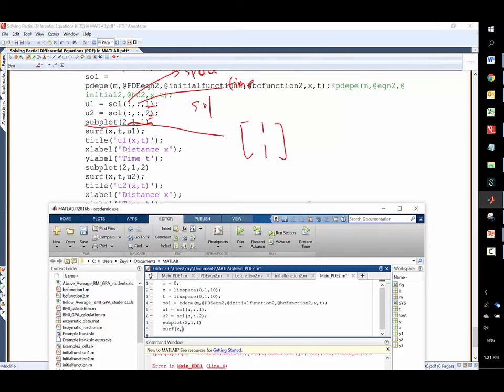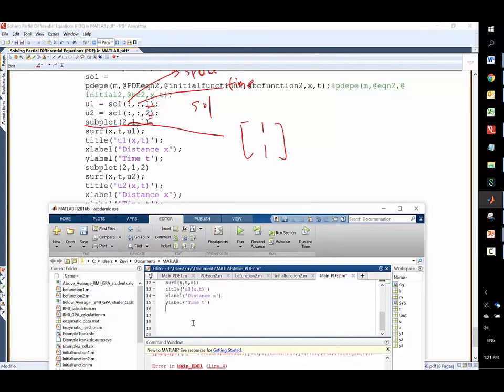For example, we're going to get the profile of U1, and then we get title U1 S and T. Then we get x label, and here is distance x, and y label, time t.